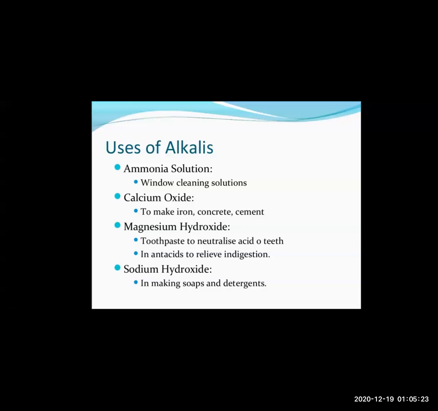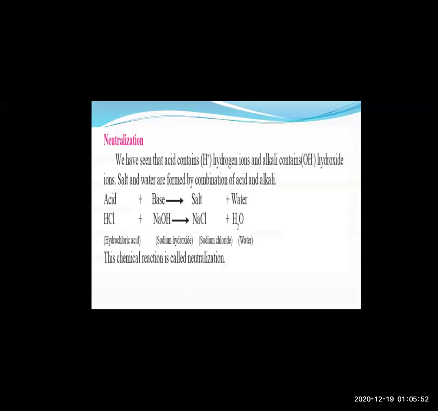It is also used in antacids to relieve indigestion. Then sodium hydroxide, where is it used? Sodium hydroxide is used in making soaps and detergents. So these are some of the alkalis.